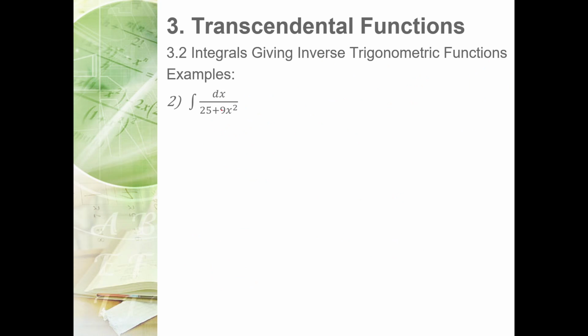So next, we have the integral of dx all over 25 plus 9x squared. Looking at your equation, this looks like the arctangent formula, that's du all over a squared plus u squared. The answer for this one is 1 over a arctangent u over a plus c.